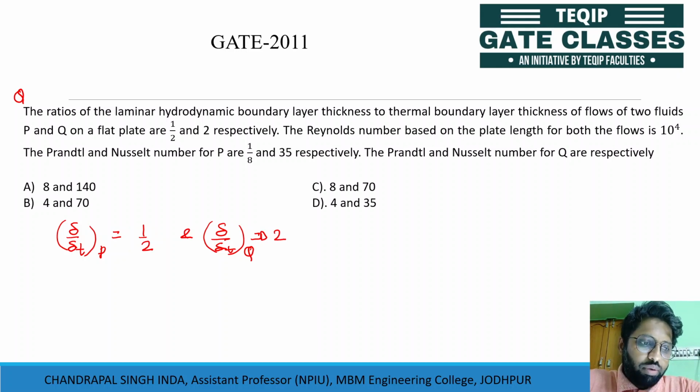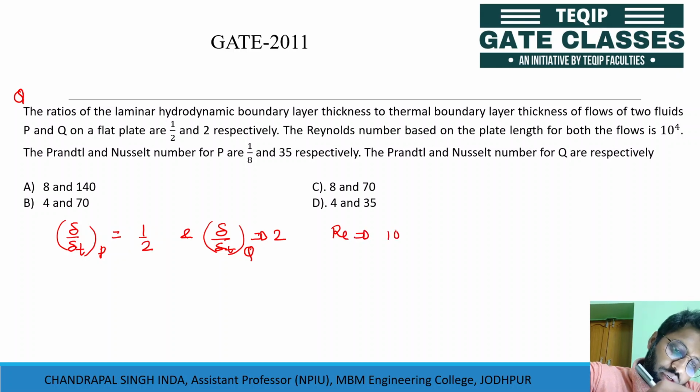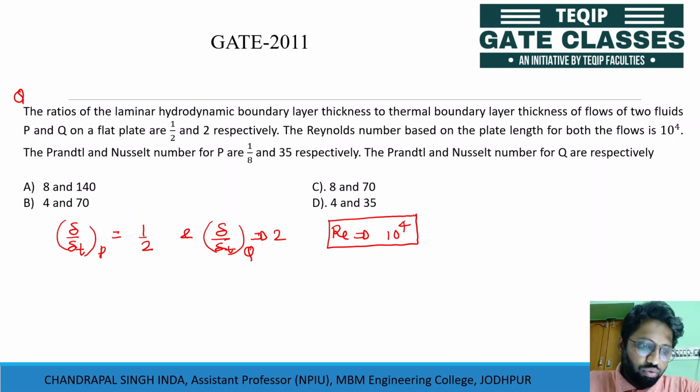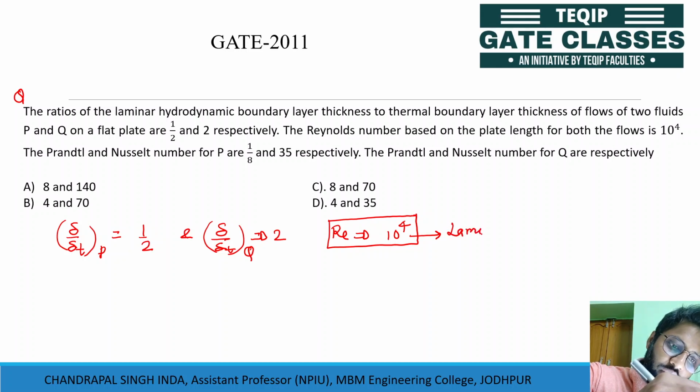The Reynolds number based on the plate length for both flows is 10 to the power 4. So the value of Reynolds number is the same for both fluids, 10 to the power 4, and the flow is laminar.